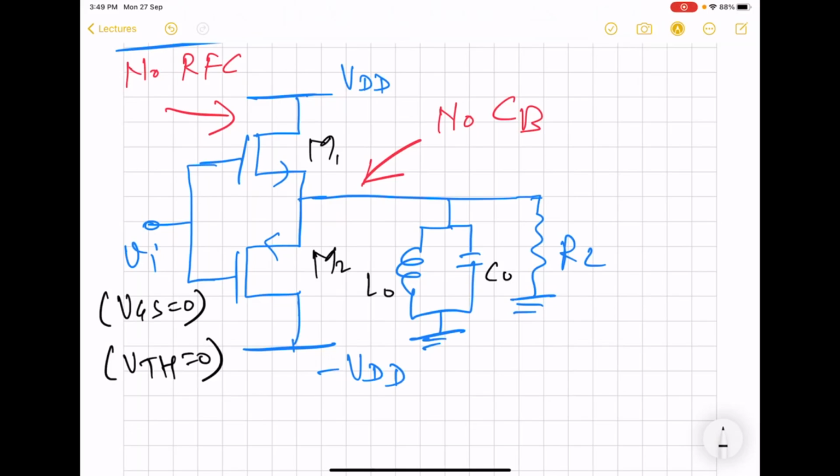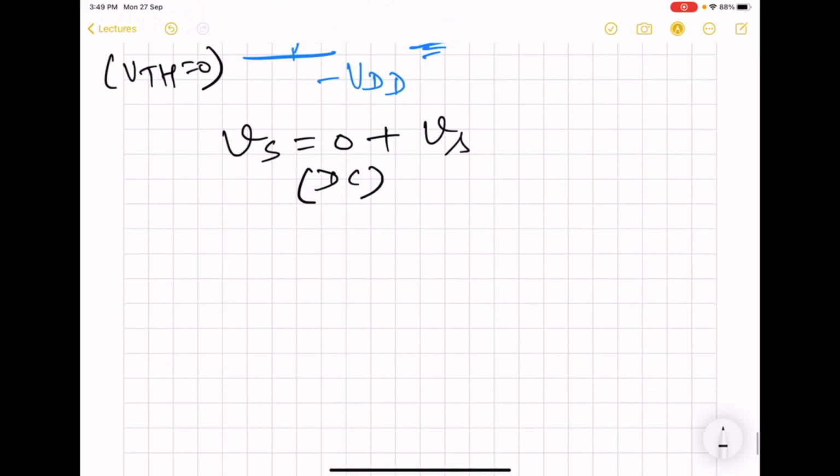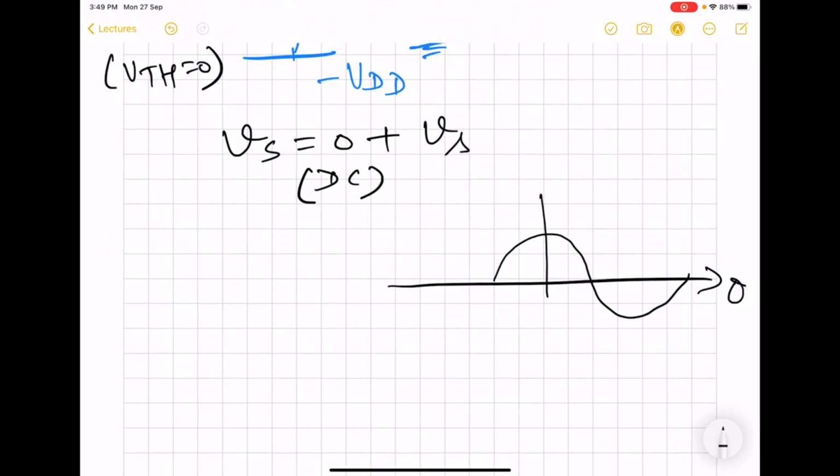So what happens here is that there will be zero DC at the common source, and then there will be a time varying source voltage. And in this case, our input is as usual sinusoidal.